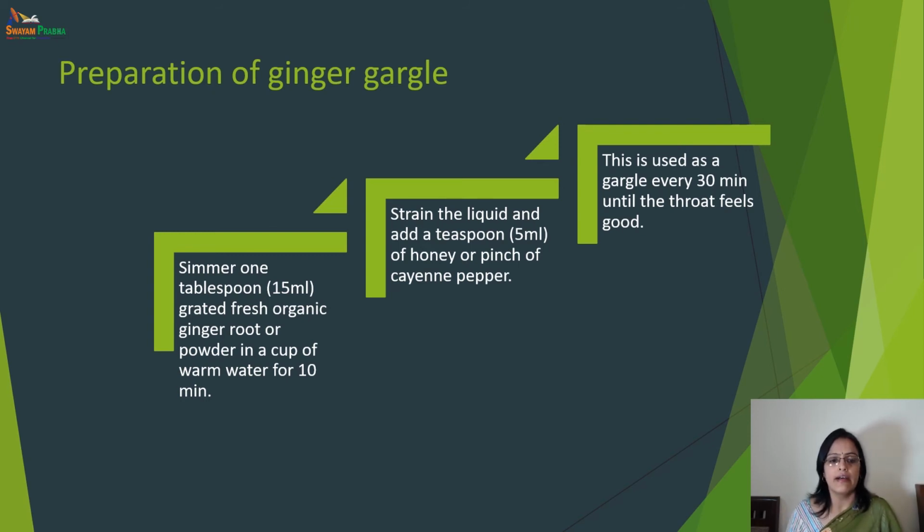Then strain the liquid and add a tablespoon, again 15 ml of honey or pinch of cayenne pepper, right? Then this is used as a gargle every 30 minutes until the throat feels good, right? So this is ginger gargle for throat infection.